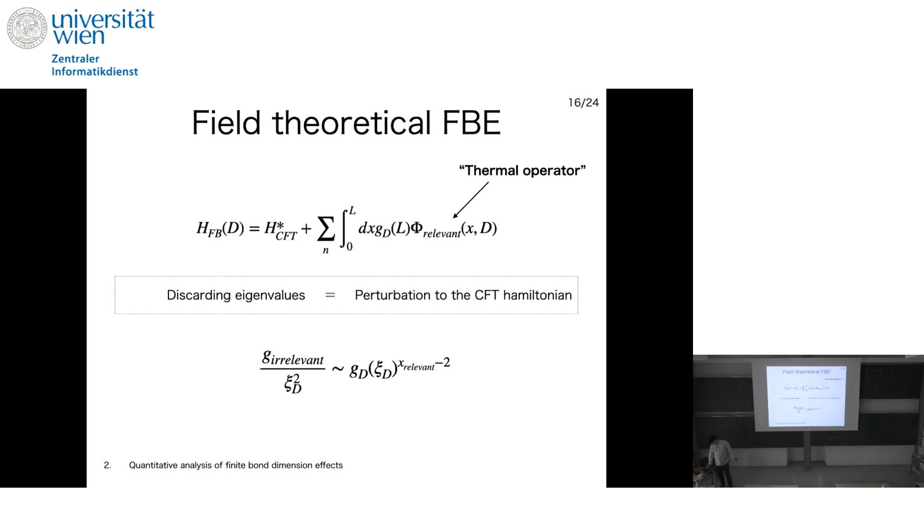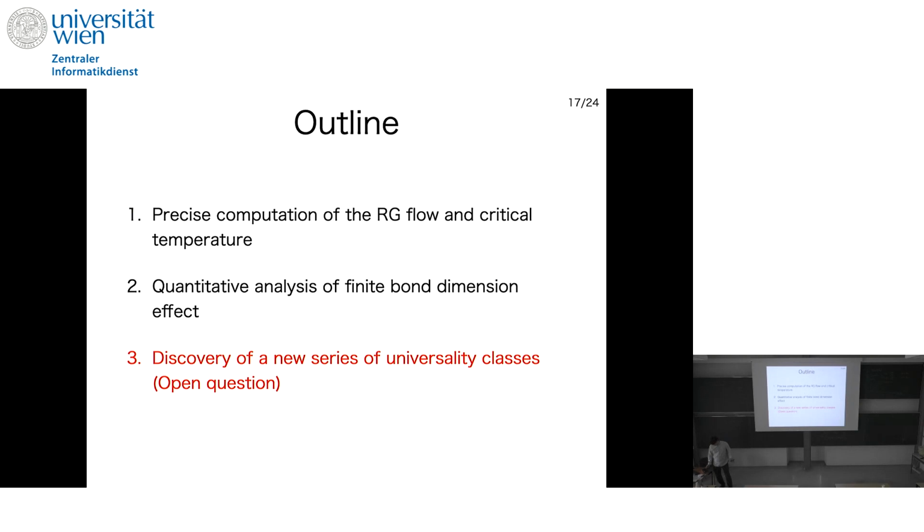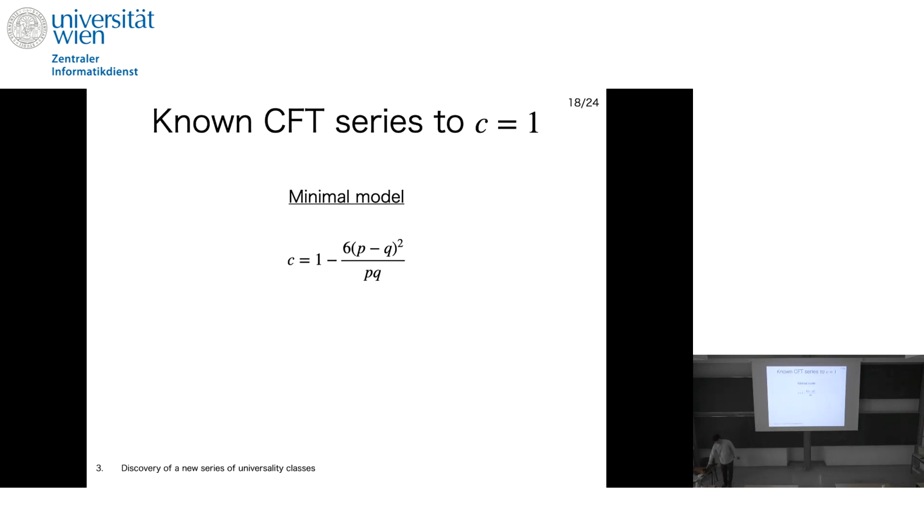Try to. Okay. So this is a conjecture, and finally I will go into the part interesting to me, which is a kind of new series of universality classes that is analogous to minimal models. So this is everywhere in the CFT textbook, which is minimal models.